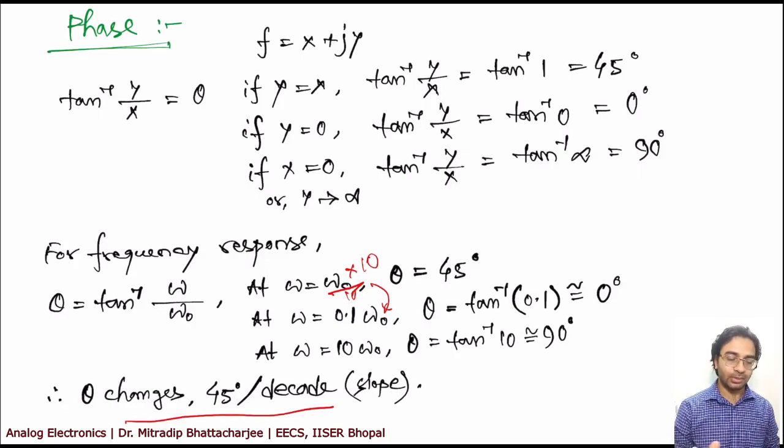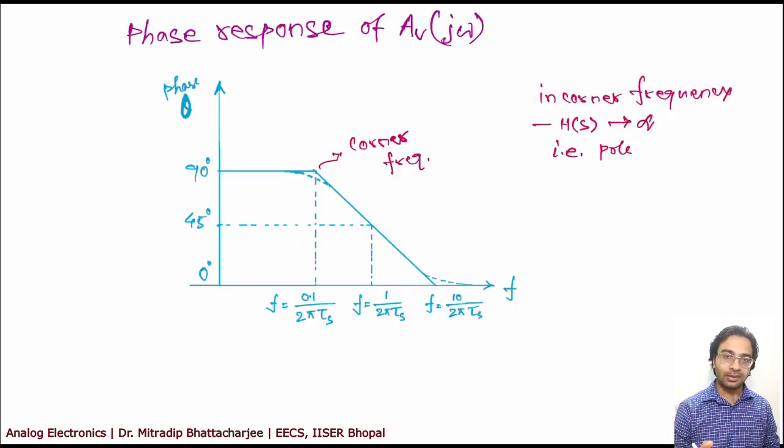Now from this information, we can draw a phase response of the gain term. Previously it was amplitude. We did not consider the phase. Now if you draw the phase response, you will find that f equal to 1 by 2 pi tau s. I already have shown you how I analyzed the previous plot. Similar approach I am following here. So if it is 1 by 2 pi tau s, you will have a phase of 45 degree.